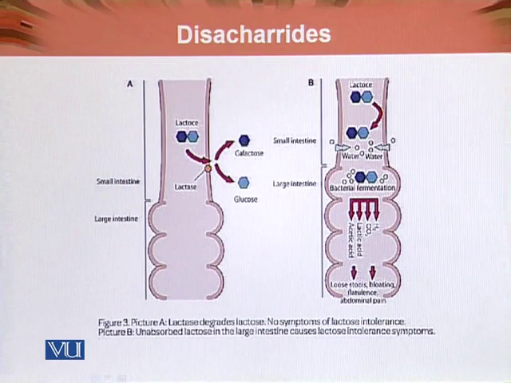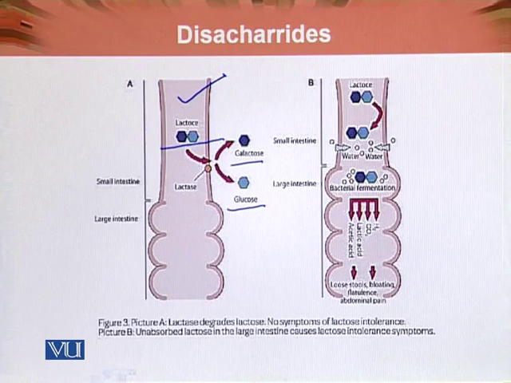This is another diagrammatic presentation of lactose intolerance. This is the lumen of the intestine. We can see here that this is a molecule of lactose, and normally it is converted into galactose and glucose and absorbed in the bloodstream.